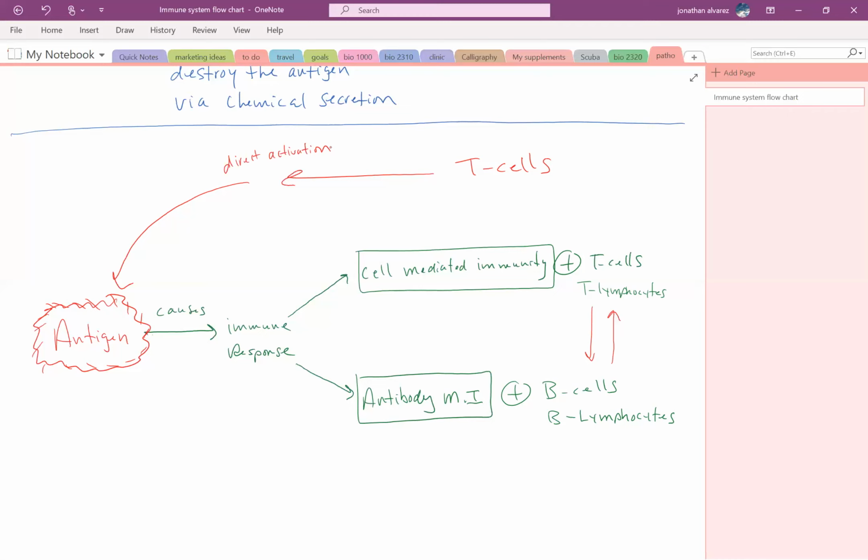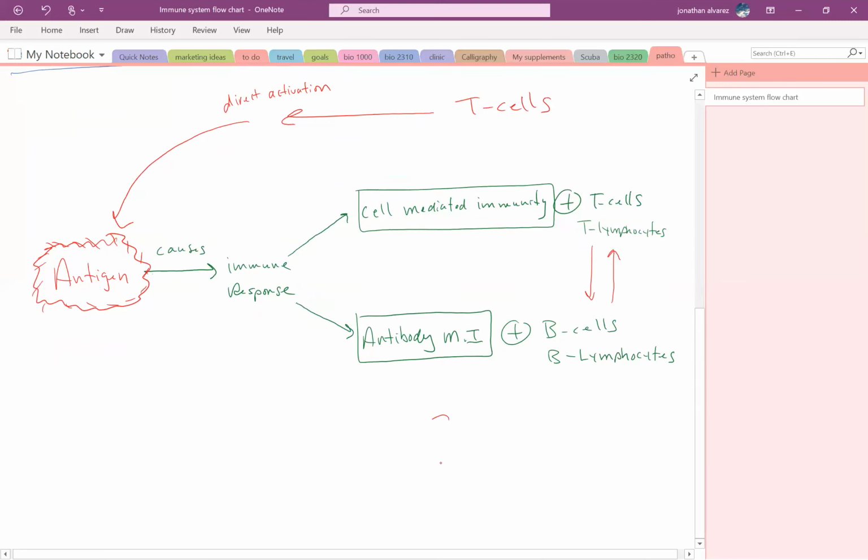When B cells are activated, they have these antibodies on them. Those Y-shaped things are antibodies. Those get released, so now these antibodies are free floating, so to speak, in your blood stream. So here's your blood tube, like your arteries.